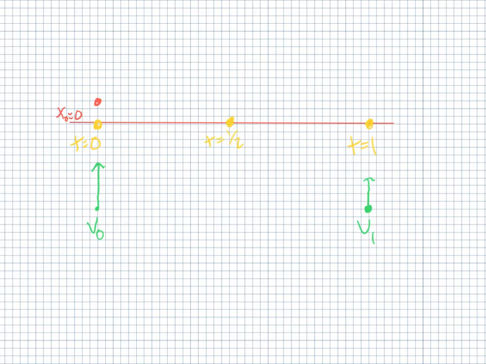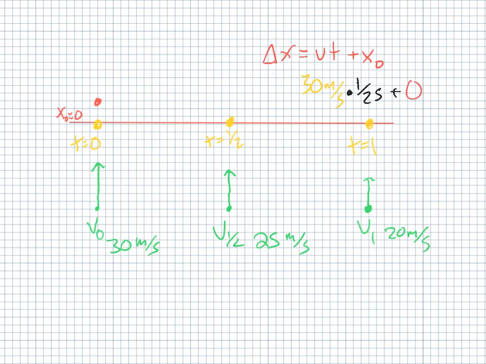Since we have a constant acceleration, our velocity will decrease half as much as it did in the gap between time equals 0 and time equals 1. Let's try our red equation again. This time, we'll use our initial velocity, 30 meters per second, and then a time of half a second. We plug and chug the numbers, and we get our displacement of about 15 meters.